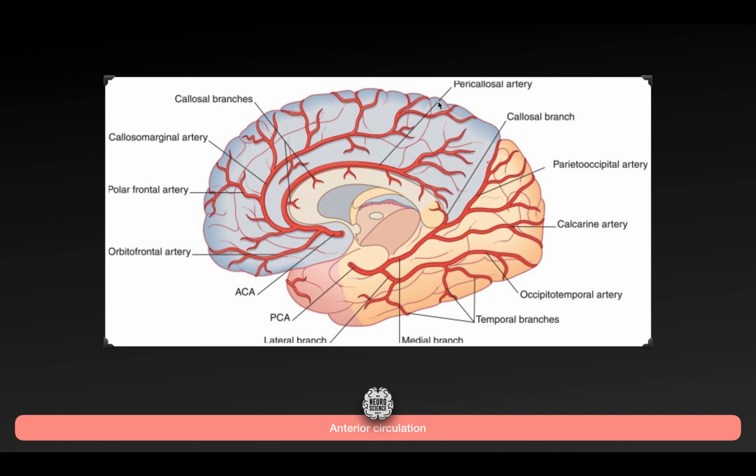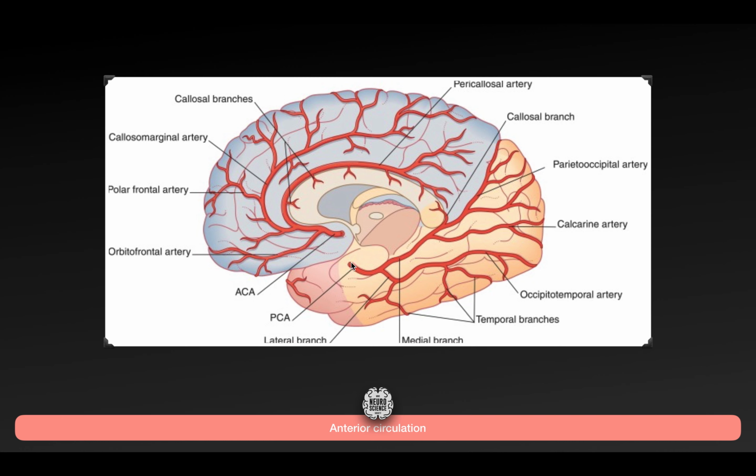So all of these regions, the paracentral lobules, the superior frontal gyrus and the like, they're all being supplied, and the somatosensory cortex, so the medial most homunculus, motor and sensory, is being mostly supplied by the callosomarginal arteries. The only other branch to mention here is the polar frontal artery. So that's ACA, orbitofrontal, polar frontal, callosomarginal, and pericallosal artery.